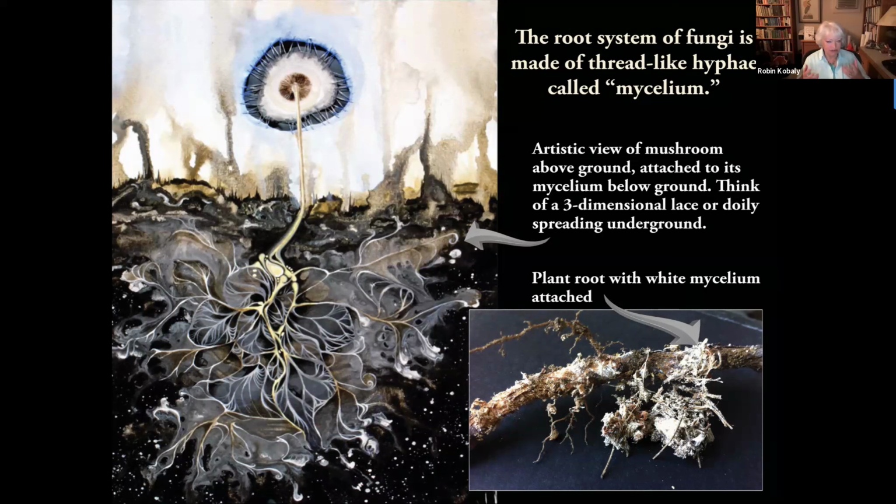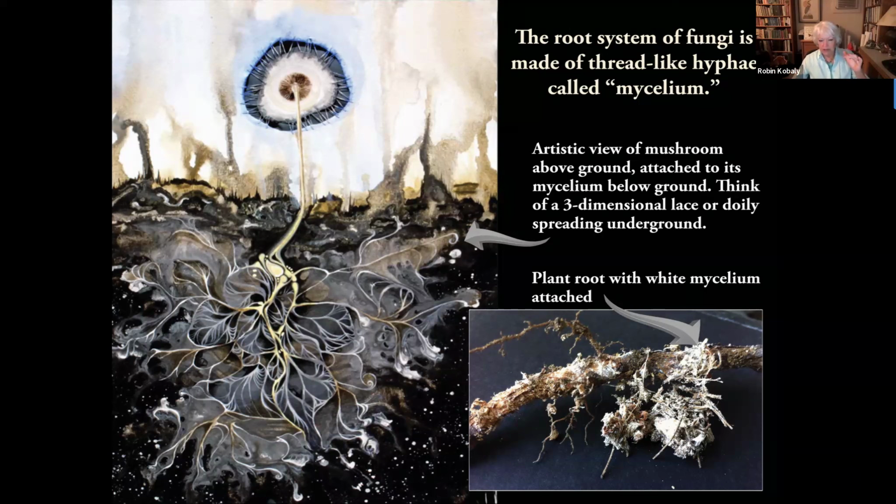The mushroom is just the fruiting body, as I know, because you're all plant people, but a lot of people don't realize that the mushroom is the tiniest part of the whole fungus, and underground it can be a massive body of that fungus going out and possibly attaching to many plants. The photograph in the lower right shows some of these hyphae all connected to a plant root, so you can see what that looks like.